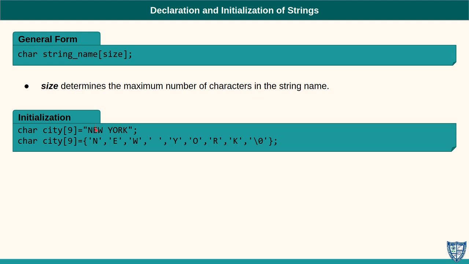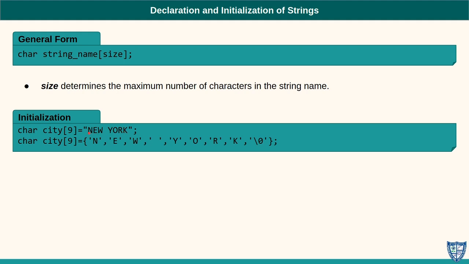Likewise, in this line, New York is a string constant and city is a string variable. Let's see whether the number of letters in this string constant is below 9. 1, 2, 3, space is a character, 4, 5, 6, 7, 8. So this is okay. The number of letters in this one is 8.